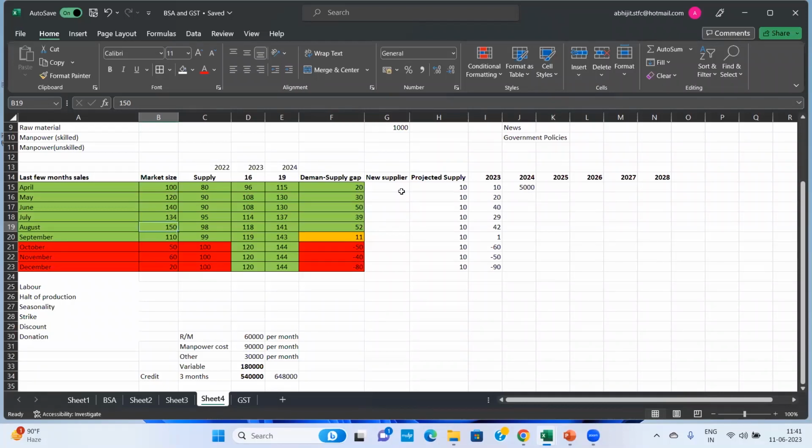Right? So this much deep dive you have to do, not just saying NPV is positive or NPV is negative. No, that will not work. That will really not.